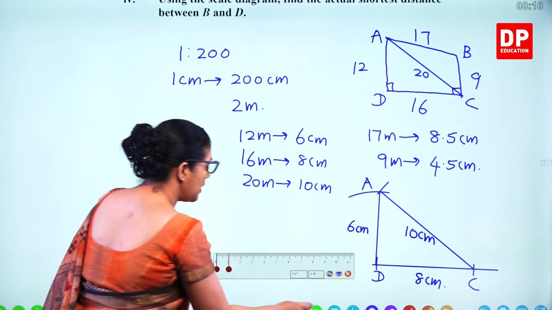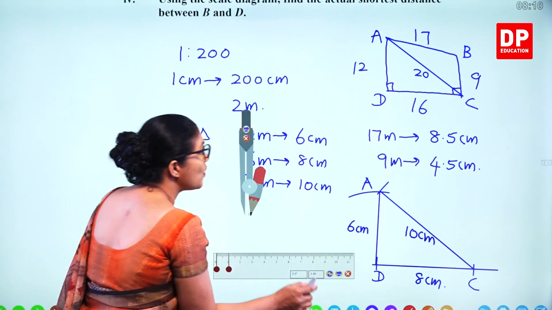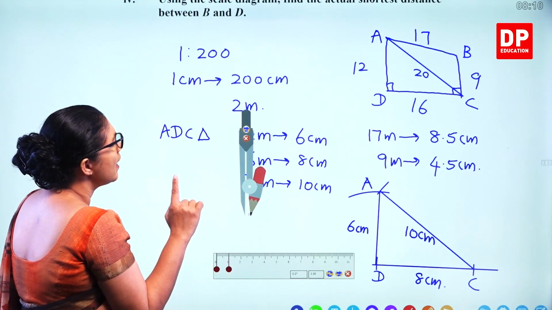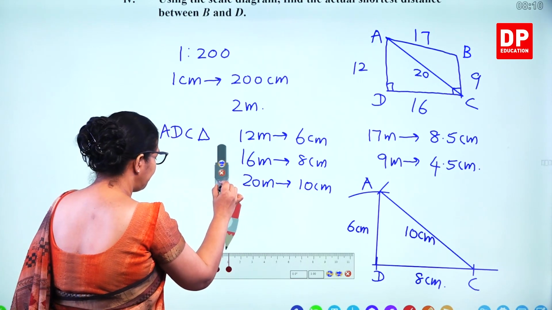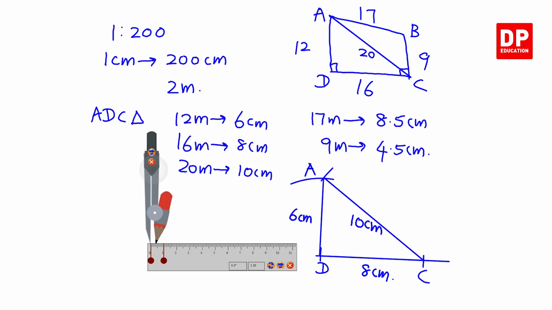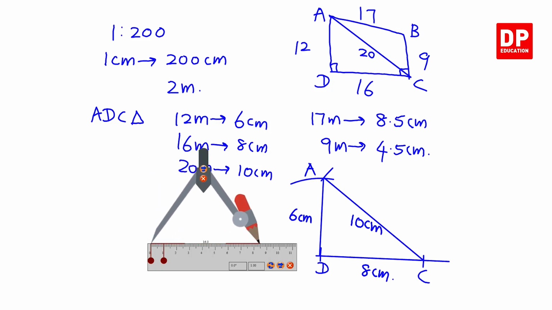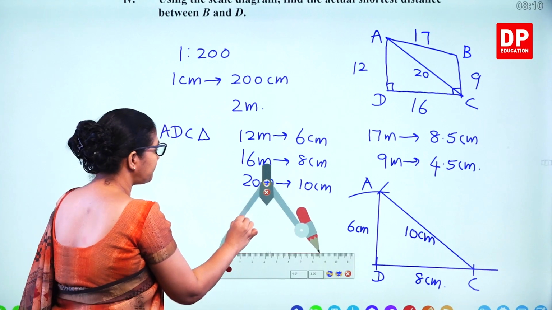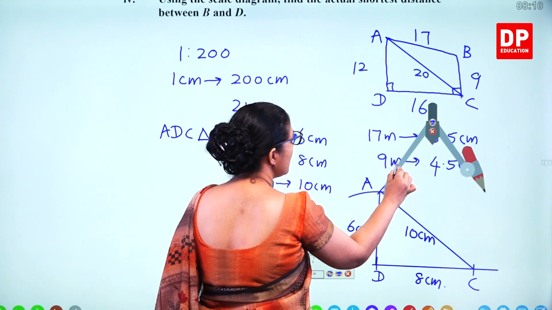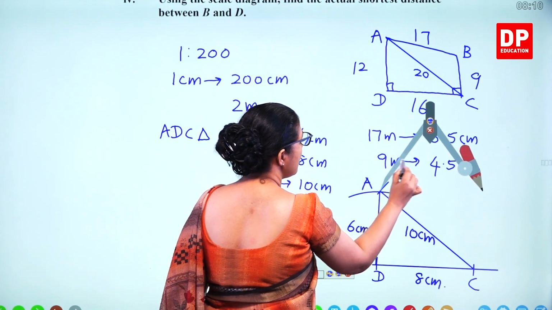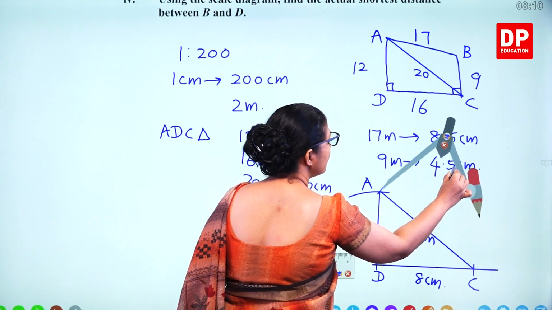So how many centimeters we have to take from A? 8.5. So we'll keep it here and mark it.